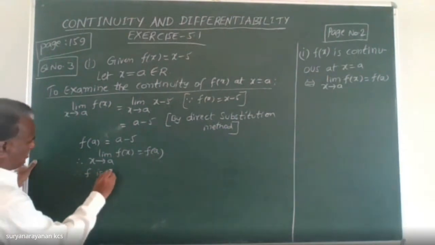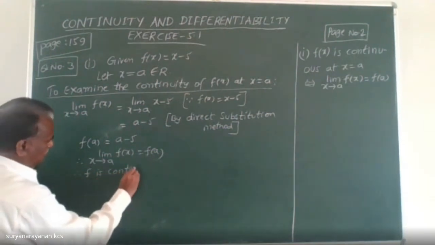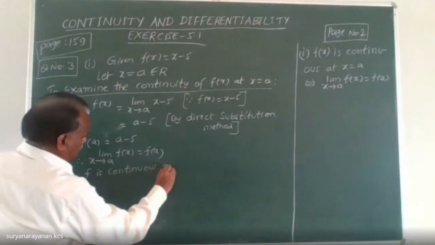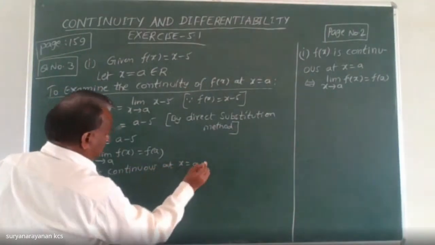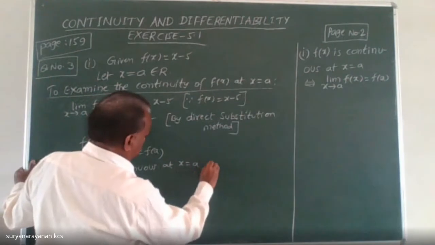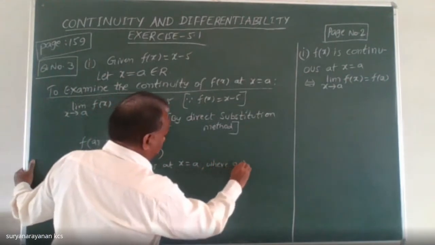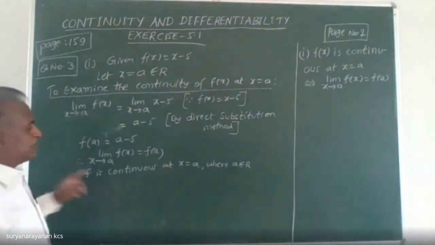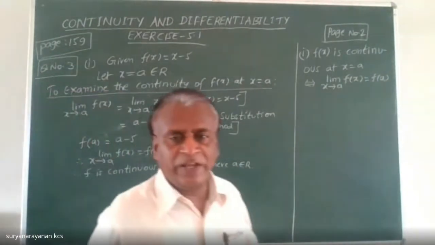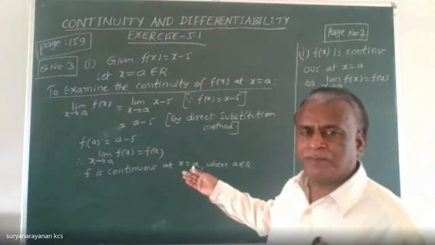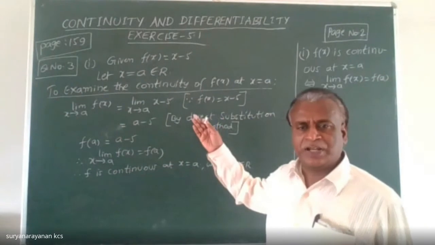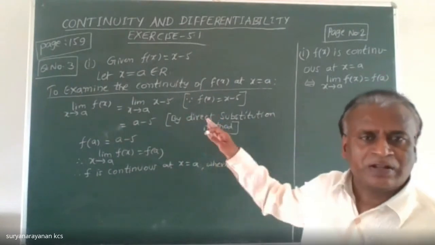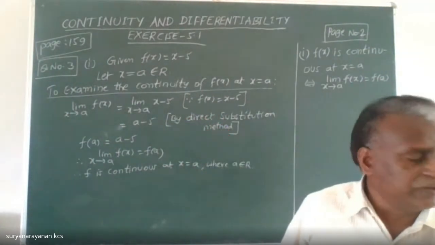Therefore, f is continuous at x is equal to a, where a belongs to R. F is continuous at x is equal to a, where a is any real number. At any point of the real numbers, this function is a continuous function.